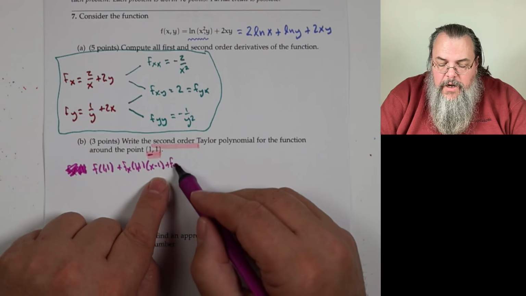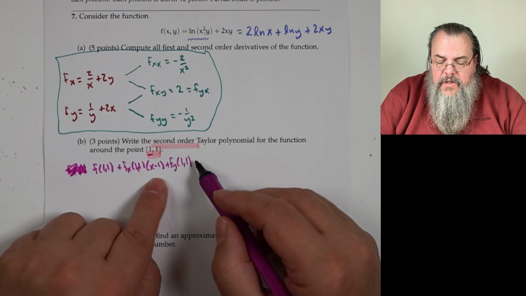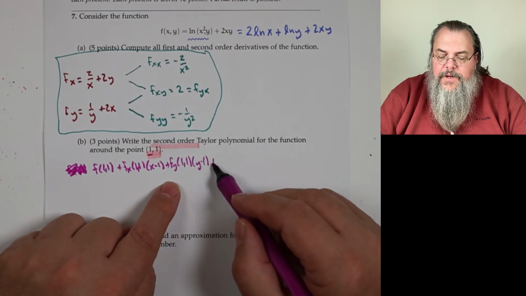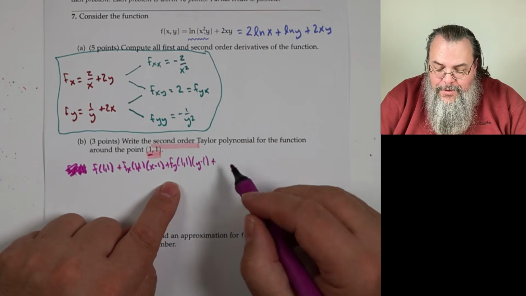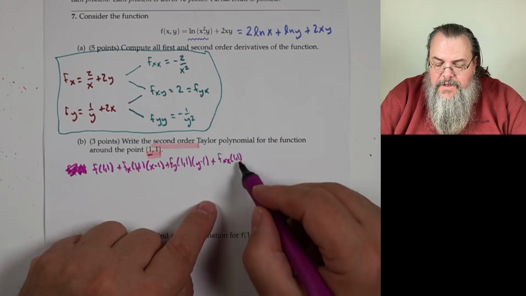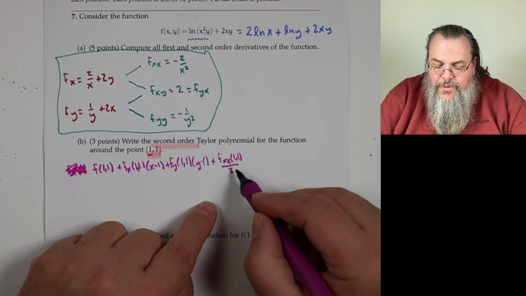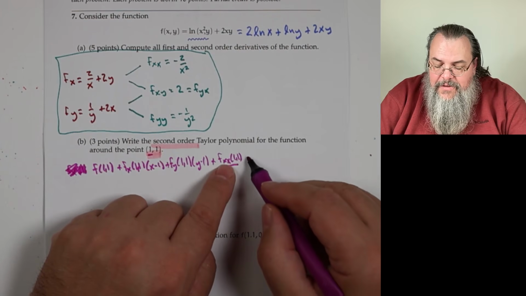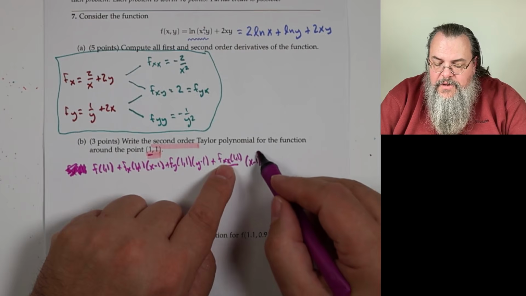Plus f_y at (1, 1) times, and there's a y here, y minus 1. Now comes the fun part, the second order terms. f_xx at (1, 1) over 2. We'll explain the 2 in a second. See, there's an xx, so it becomes (x minus 1) squared.